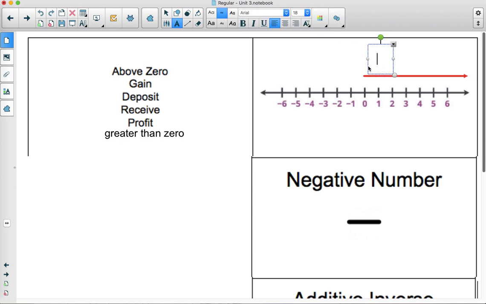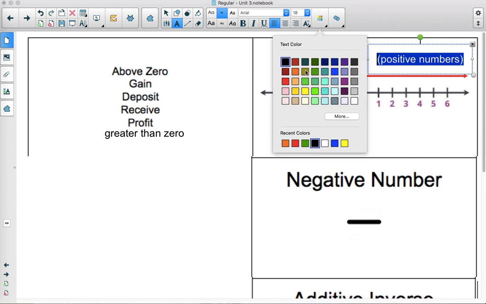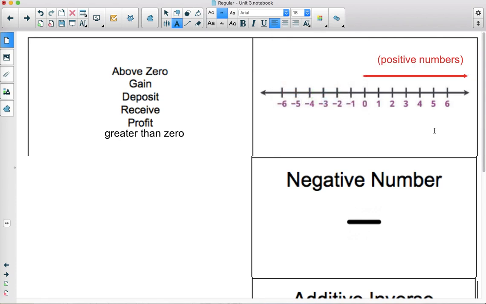And then we're going to label this as positive numbers. This arrow to the right just means that it keeps going on forever and ever. So that's it for positive numbers. Fairly simple. We just want you to have notes on this so you can look back on it later.